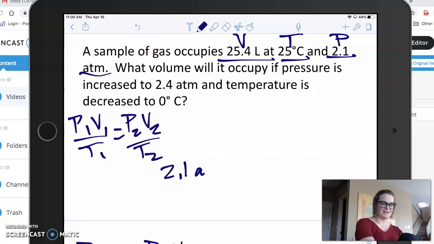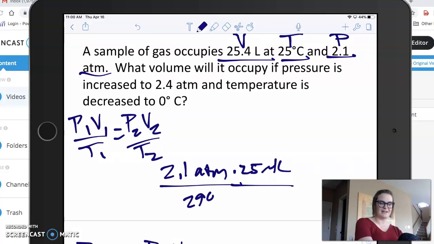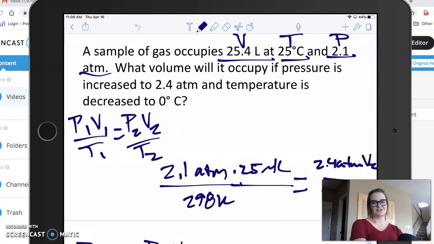So 2.1 atm times the volume, which is 25.4 liters, all over the temp, 298 Kelvin, equals P2 times V2 all over 273 Kelvin. I'm going to run out of room because my handwriting is too big. And then you're just going to isolate V2, get V2 by itself.